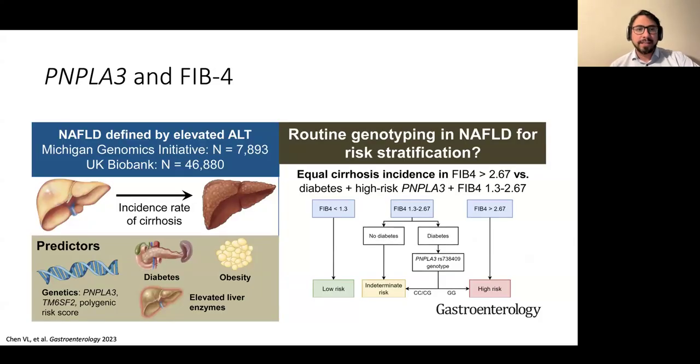And this is a study that also used the UK Biobank and also the Michigan Genomics Initiative.